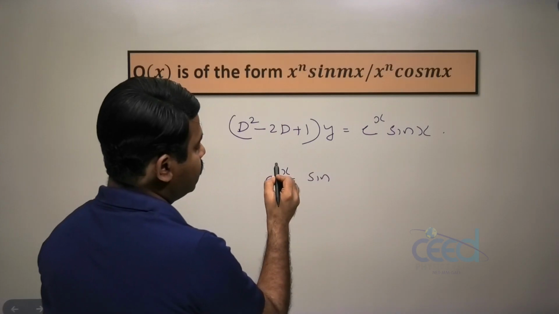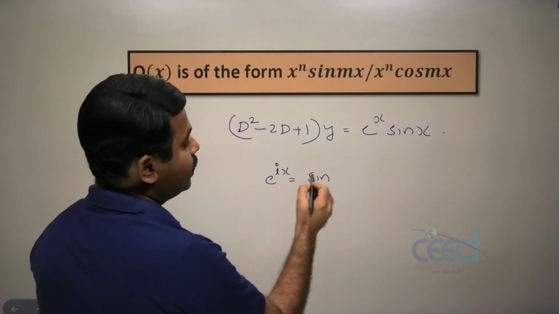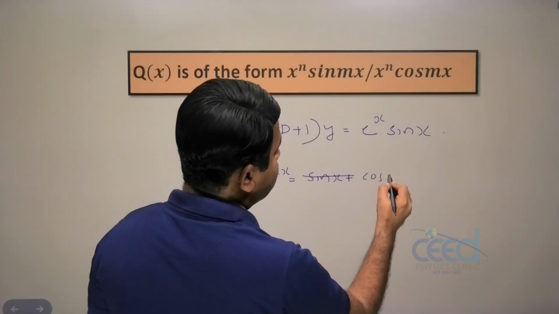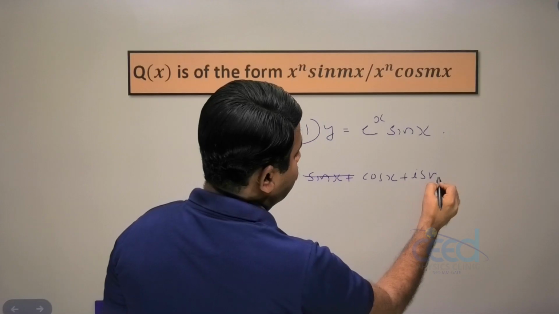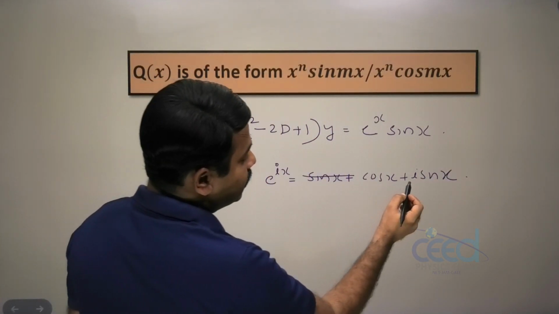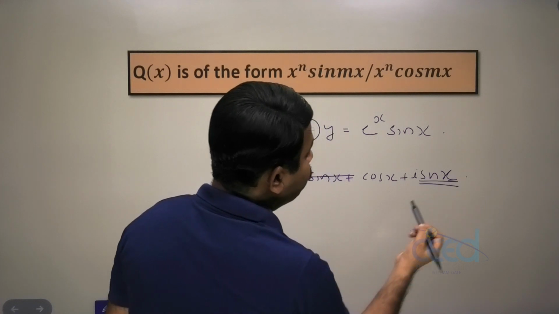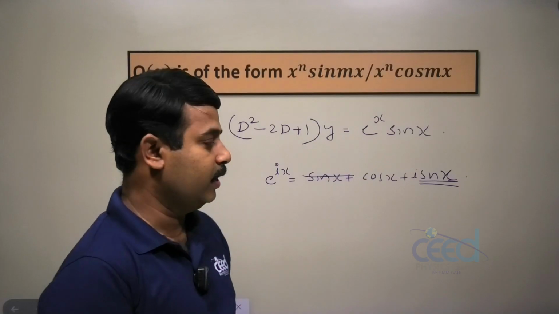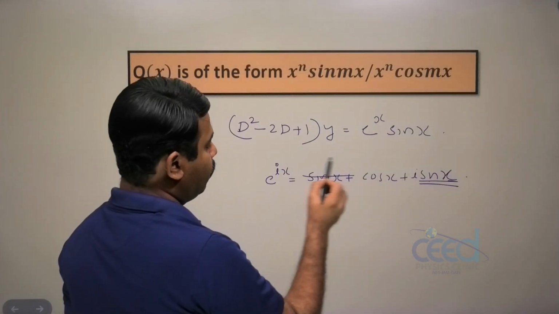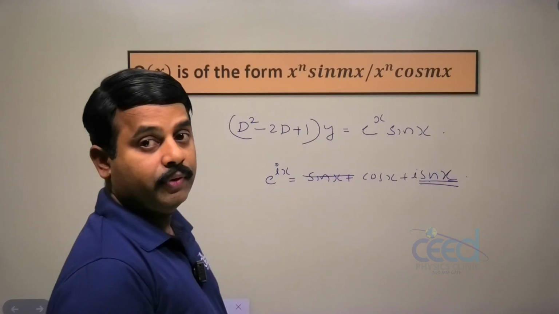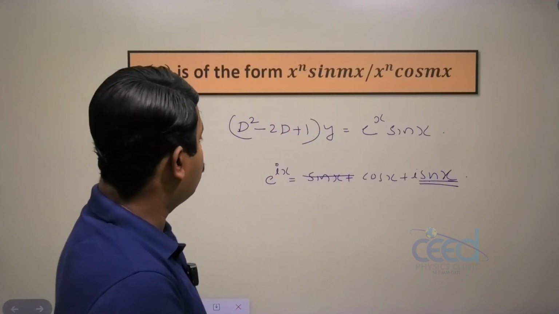That is cos x plus i sin x, where i is the complex number, right? So sin x is the imaginary part of e raised to ix, and cos x is the real part of e raised to ix. That formula we use.